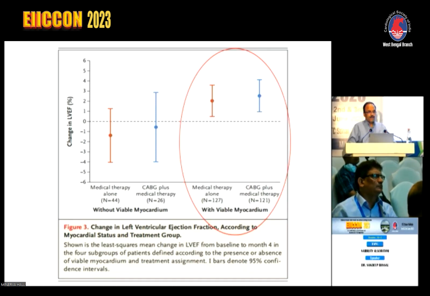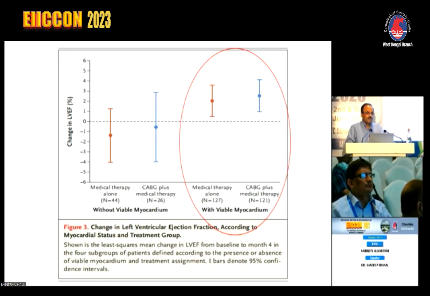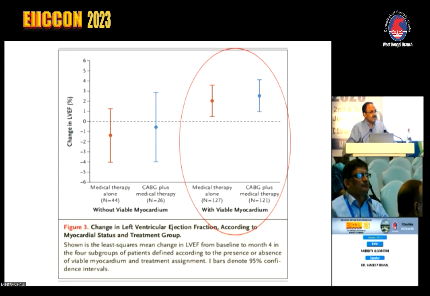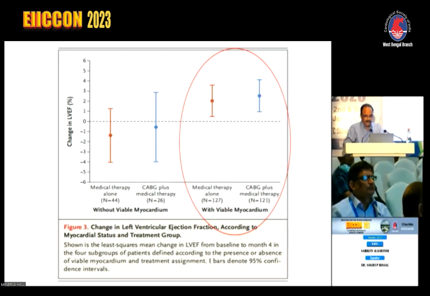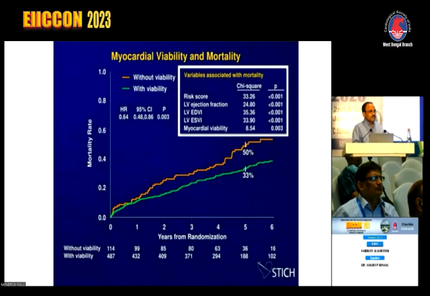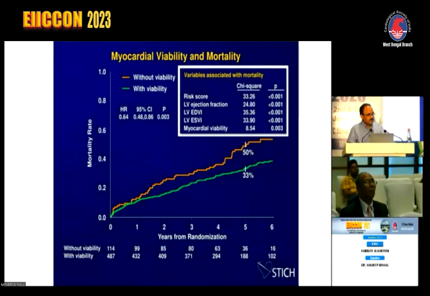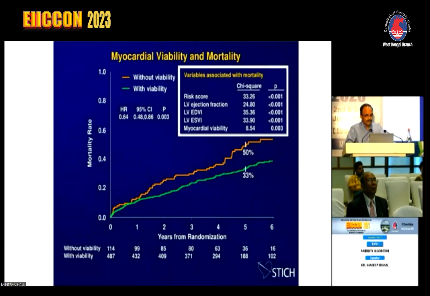And what they found was that whether you had a viable myocardium or not, there was no great difference in the results of doing CABG versus giving medical therapy. However, if you considered the viable segments and non-viable segments, there is an increase in the ejection fraction in those patients who have viable areas.